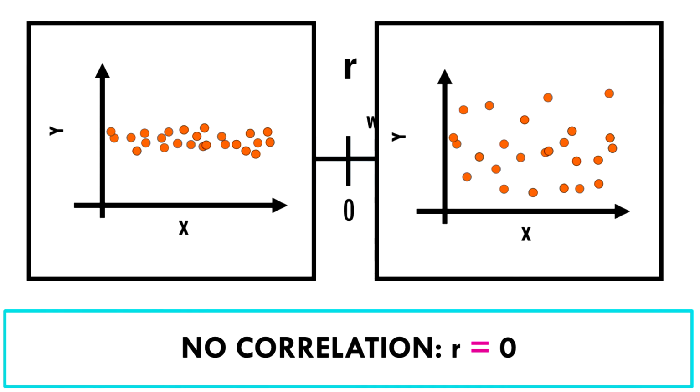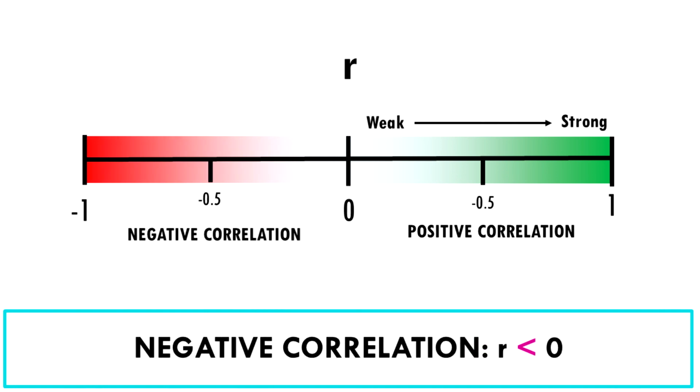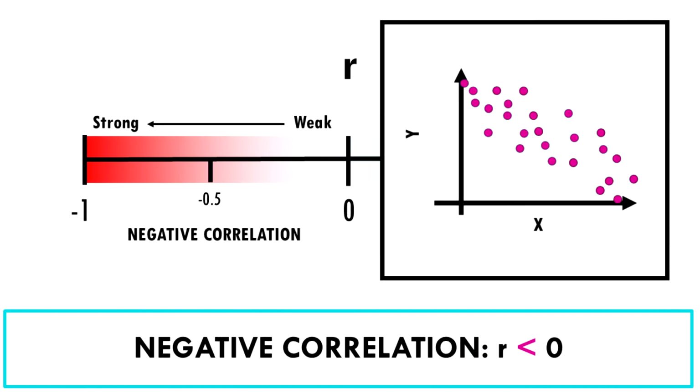Remember, the scatter plot can either show that y does not really change even if x changes, or that there's just no clear pattern. As R gets more and more negative, you guessed again, we are talking about negative correlation. An R of -1 is a perfect negative correlation. It means if one variable moves by 10%, the other variable will also move by 10% in the opposite direction.